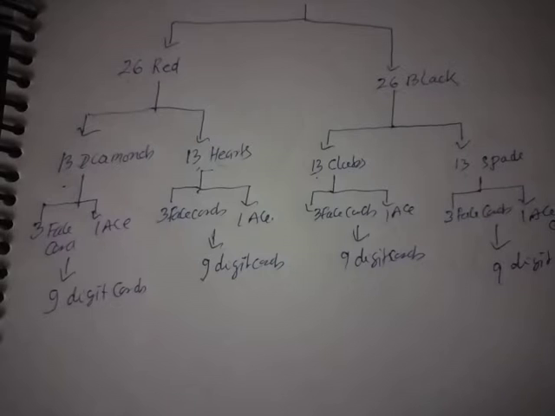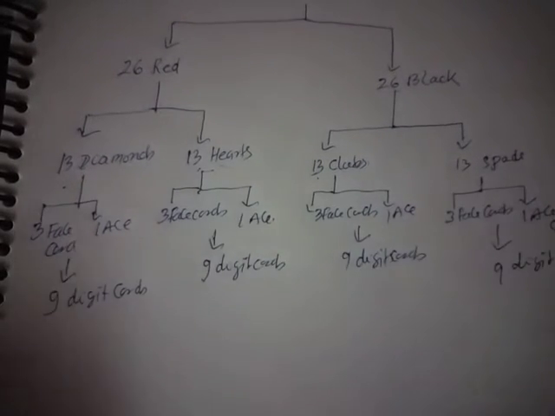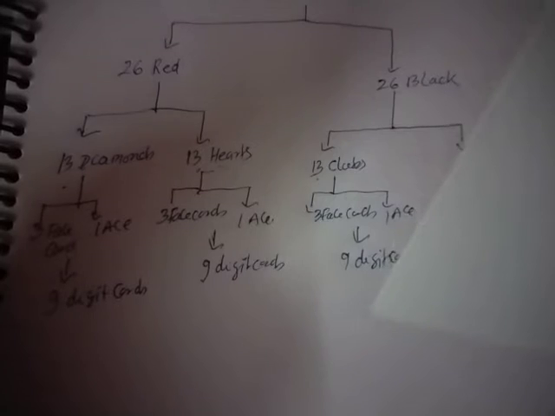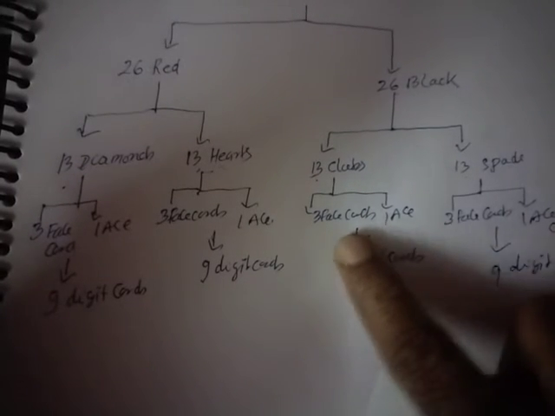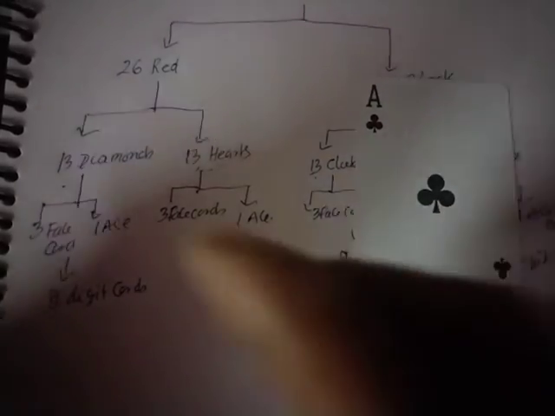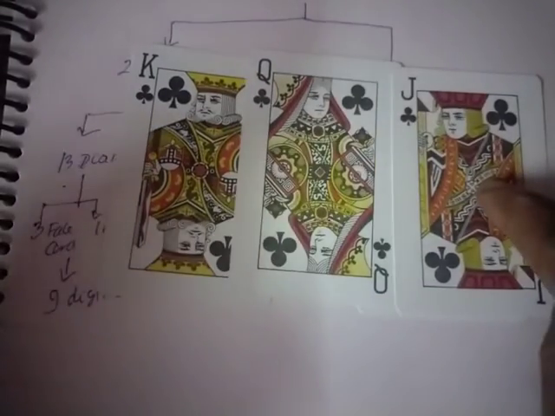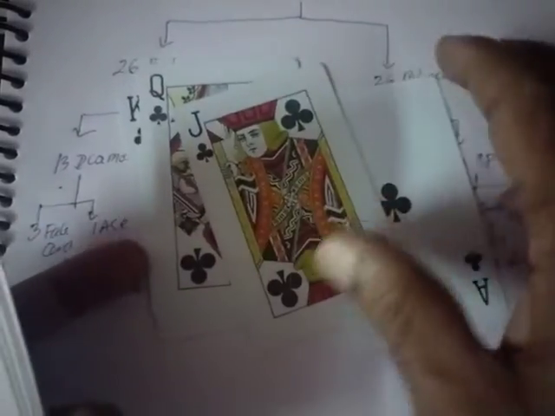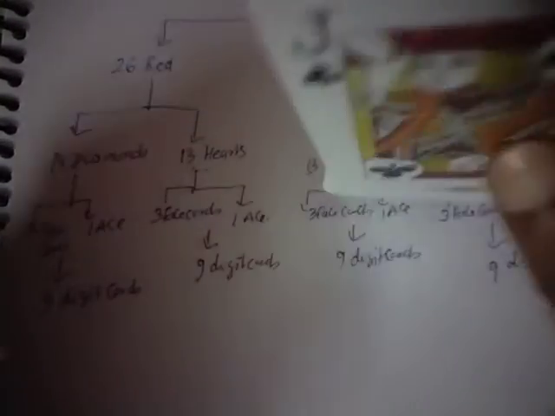Now you see the black part. You see 13 clubs: 3 face cards, 1 ace card, 9 digit cards. So 1 ace card of club, and king of club, queen of club and jack of club. So 3 face cards and 1 ace. A face card is a card where a face is there.